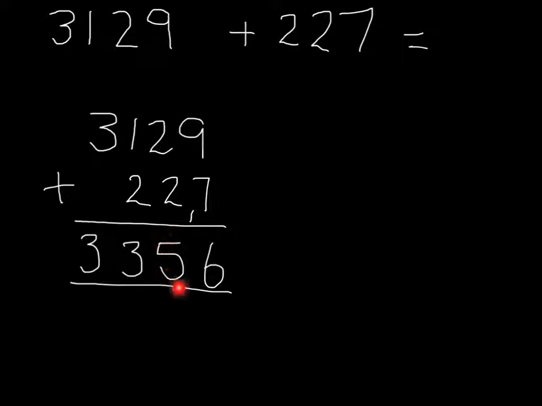That makes 5 tens. We then add 100 and 200. That makes 300. Finally, we add 3,000 to no thousands. That gives us 3,000. Our answer is then 3,356.